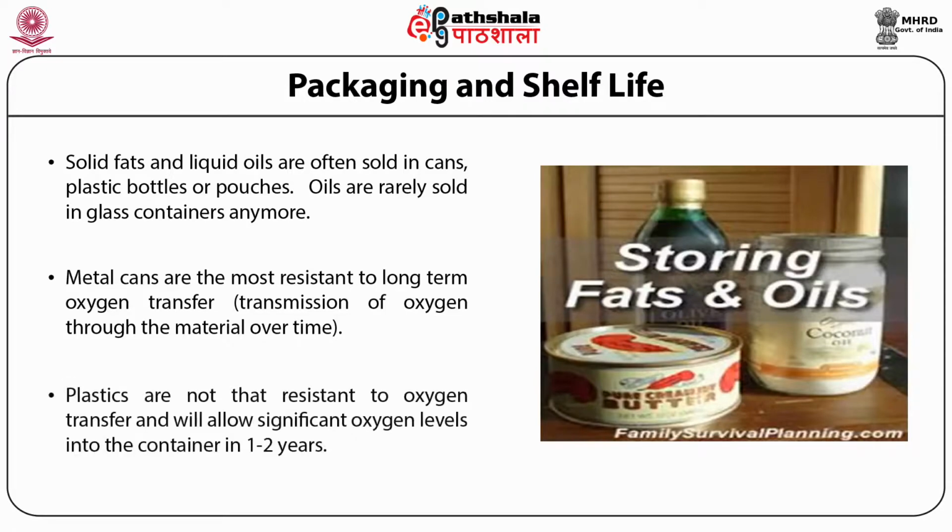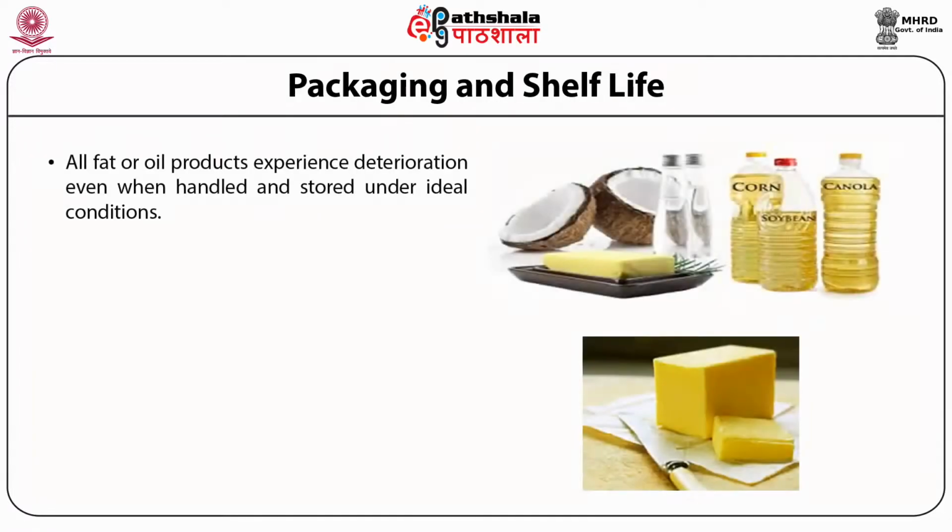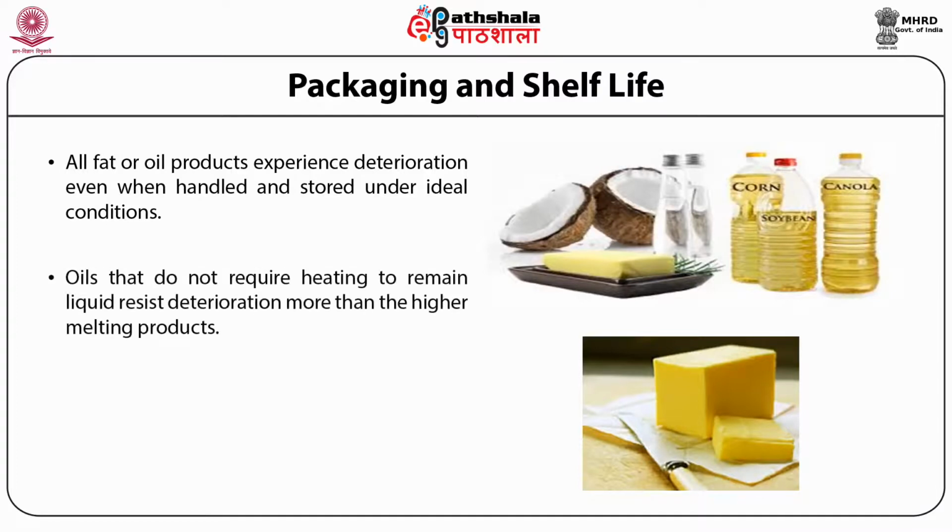Plastics are not that resistant to oxygen transfer and will allow significant oxygen levels into the container in 1 to 2 years. All fat or oil products experience deterioration even when handled and stored under ideal conditions. Oils that do not require heating to remain liquid resist deterioration more than the higher melting products.